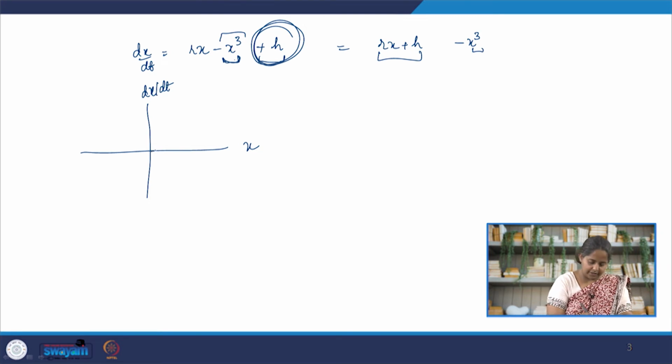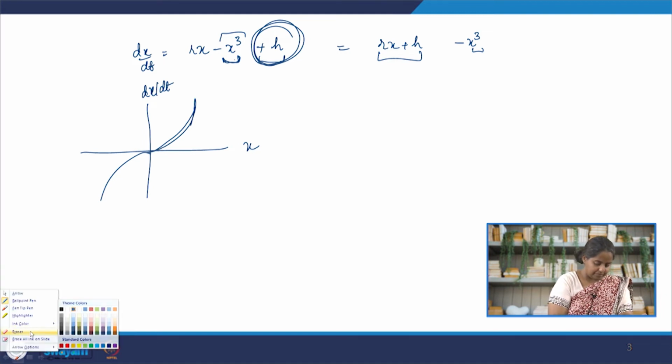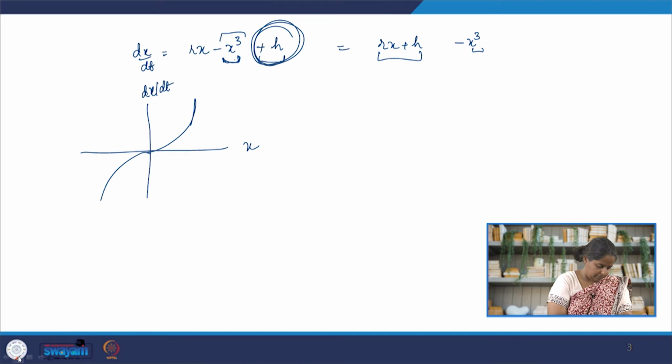x cube looks like this: sudden increase, sudden decrease, rapid increase, rapid decrease. rx plus h is a line with slope r and intercept h. So let's look at the scenario when h is positive, and we'll start with r being positive. Okay. So h is positive, intercept is positive, r is positive.